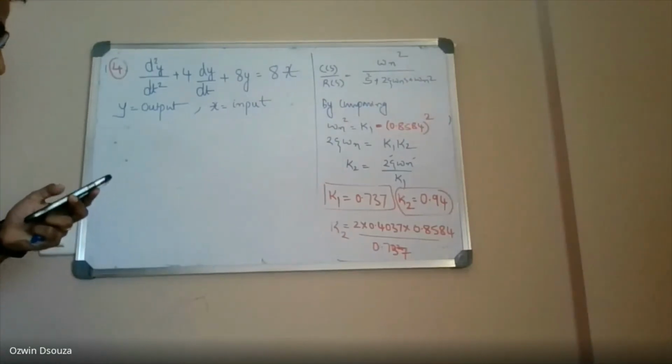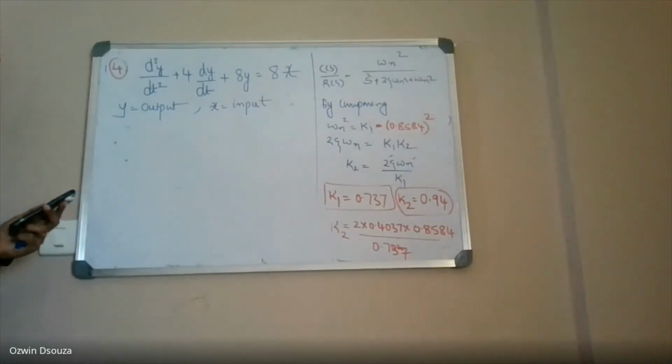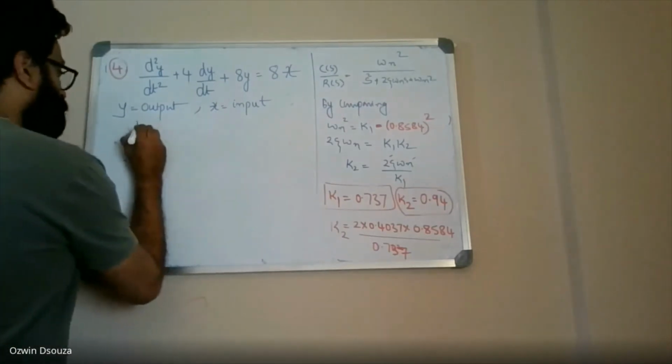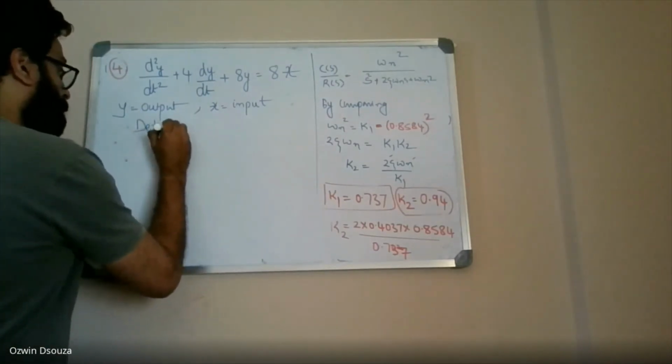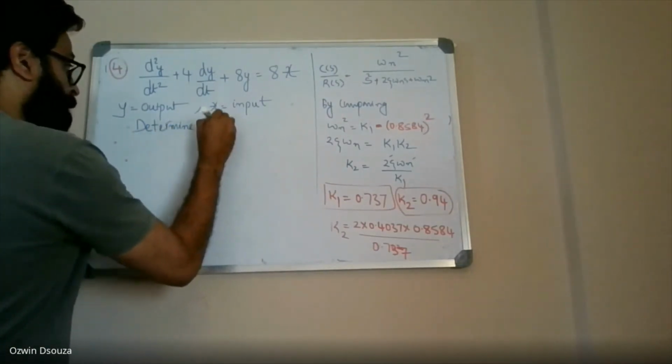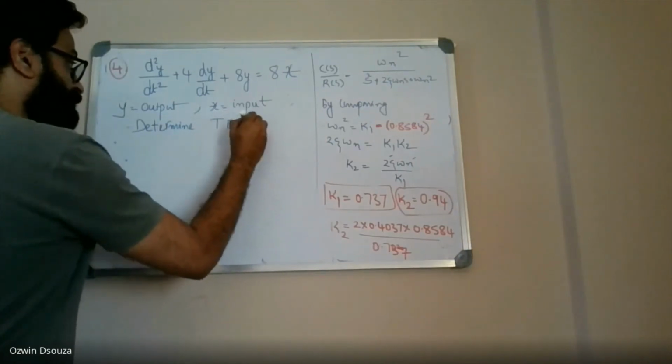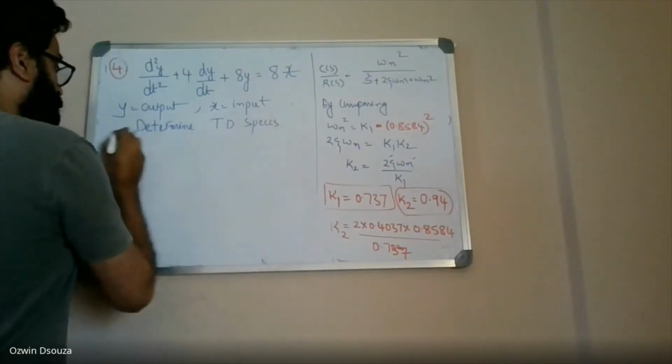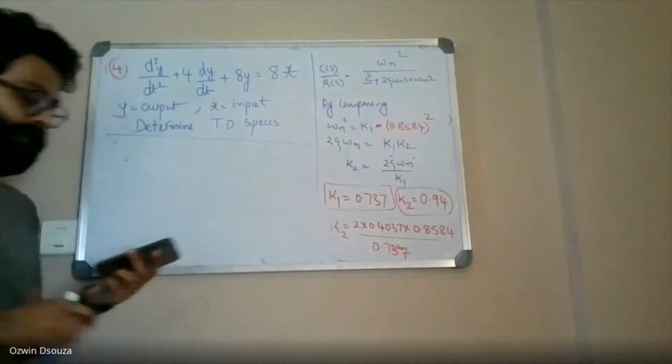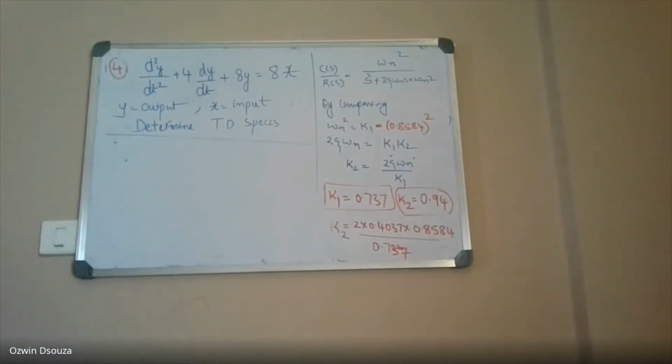Determine all time domain specifications for unit step input. So determine the time domain specs. TD is time domain. Determine all the time domain specifications.